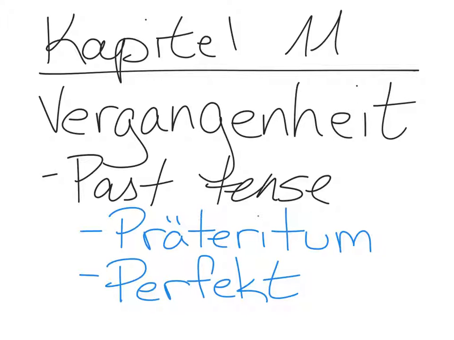For the most part, we're going to be focusing on the Perfekt for right now. Okay. We will get into the Präteritum as well this year, because you have to know it when you start off level 3. That's just a good thing to know in general. Okay. All right.